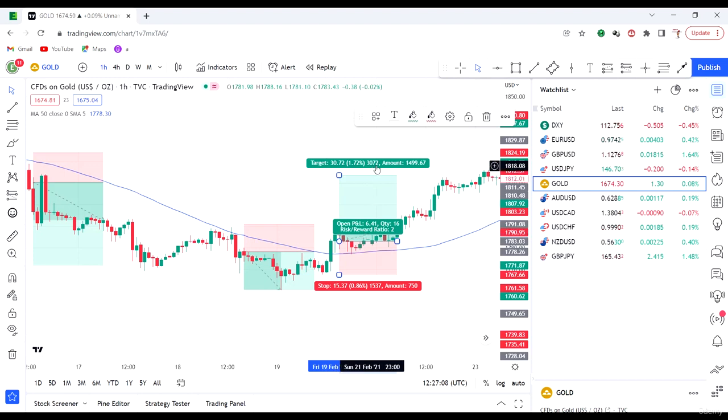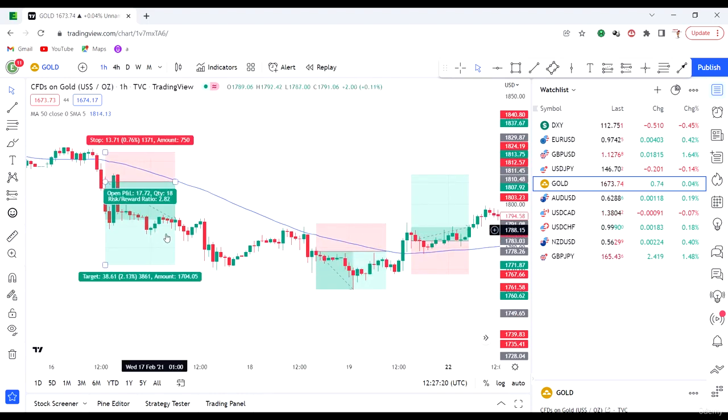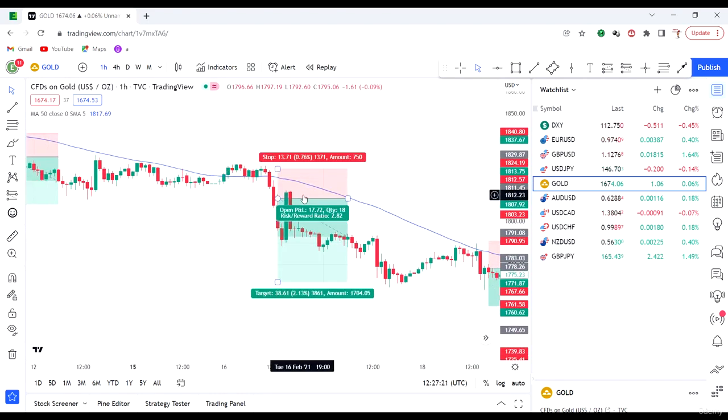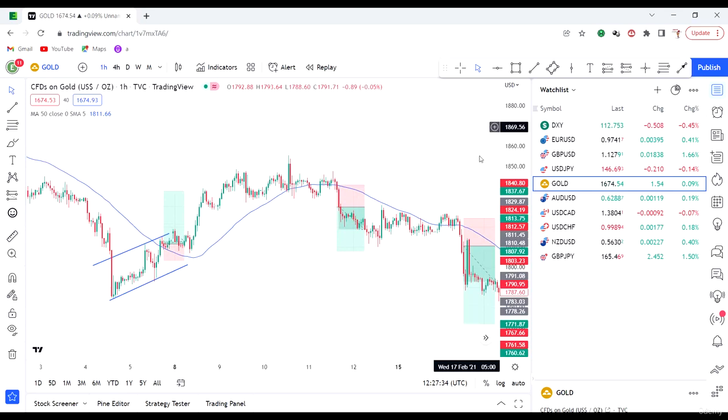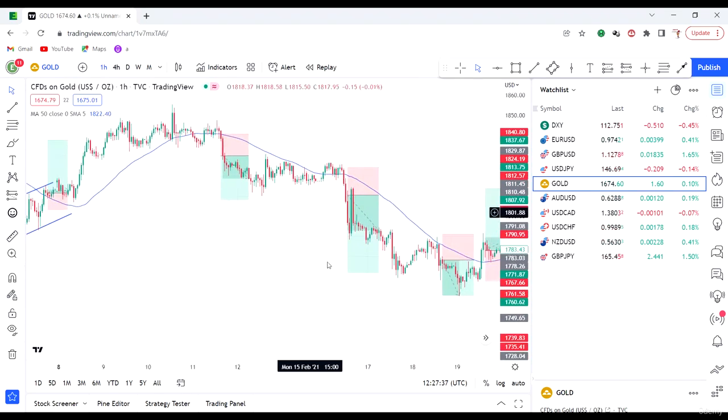Okay, in this case, on the 1 hour, wow, we'll have bagged 307 pips in this move alone. I think we won this move, right? Yeah, we won this move. In this move alone, we'll have bagged 386 pips on gold. So as you can see, this strategy works very well on gold too.